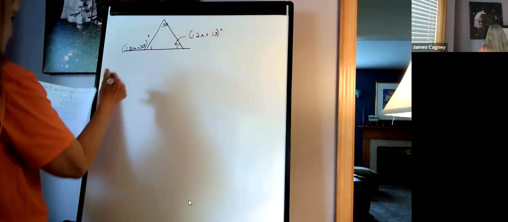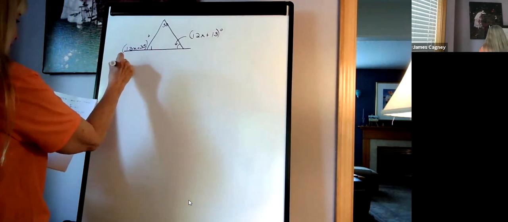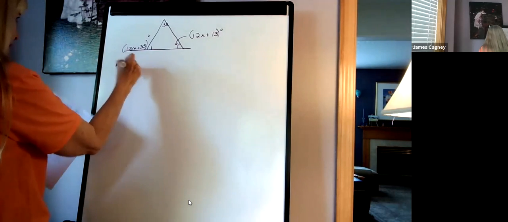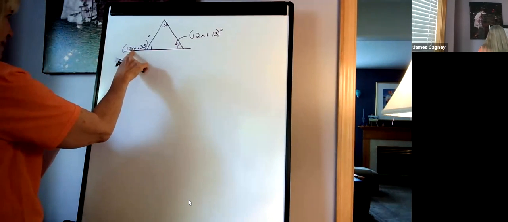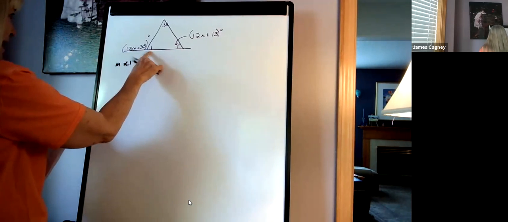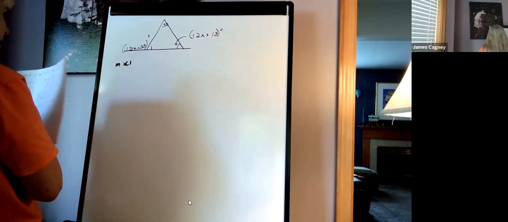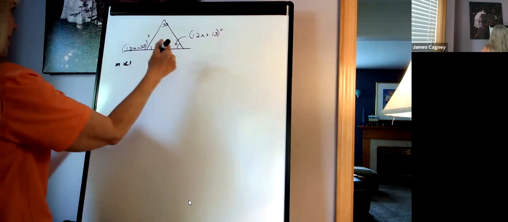Now, what they asked me to do was to find the measure of angle 1. I started out knowing that this angle here and angle 1 add up to 180 degrees because they form a linear pair.